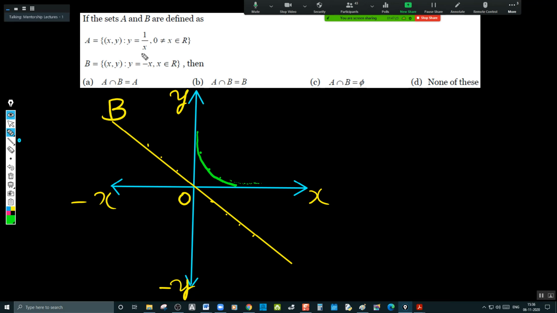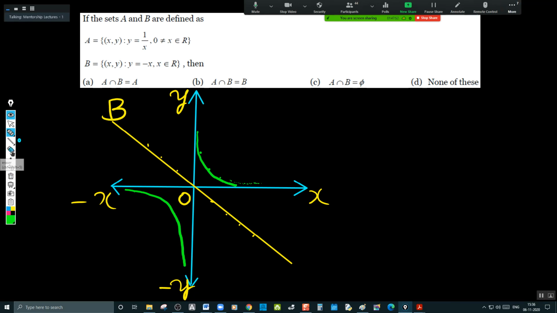And if x is negative, y is also negative, and hence this curve goes like this. Further you will be getting it as a rectangular hyperbola. We call it a rectangular hyperbola.